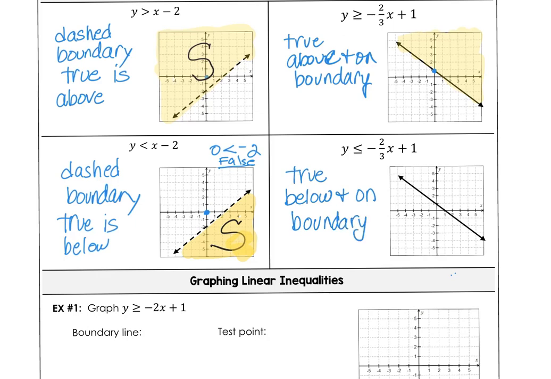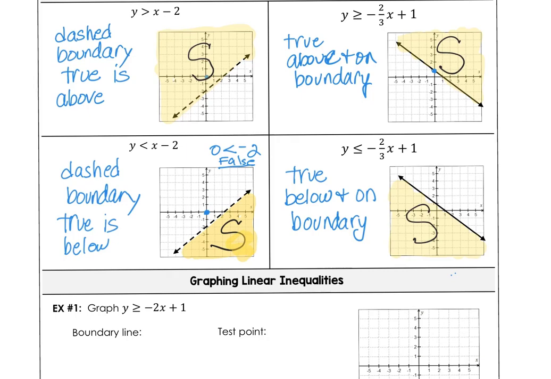So shading that section, we're going to shade below and on the boundary line. And again, I'm going to put a big capital S for my solution half plane. This is the half plane that's a solution here.